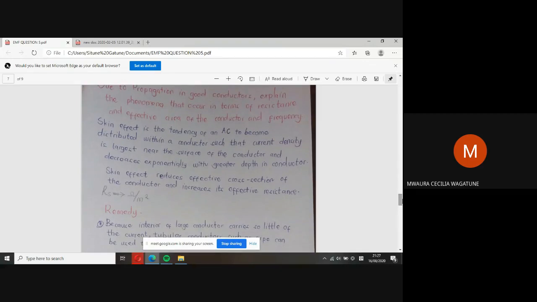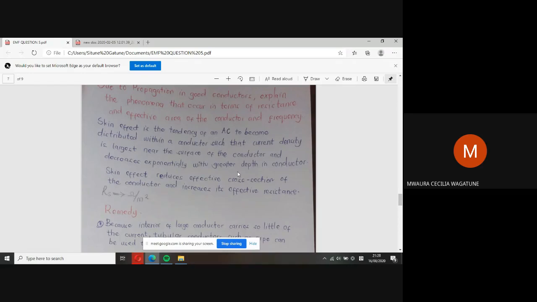As I was saying about AC, skin effect is the tendency of an alternating current to become distributed within a conductor such that the current density is largest near the surface of the conductor. That's essentially what Jose, you are asking. It's the same thing.